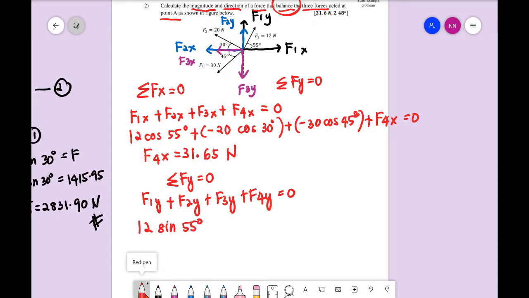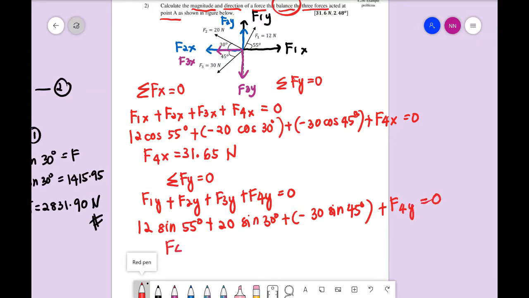F2y is also upward, so it is positive 20 sine 30 degree. And F3y is negative because it is downward, so it is 30 sine 45 degree. And then plus F4y, which equals 0.